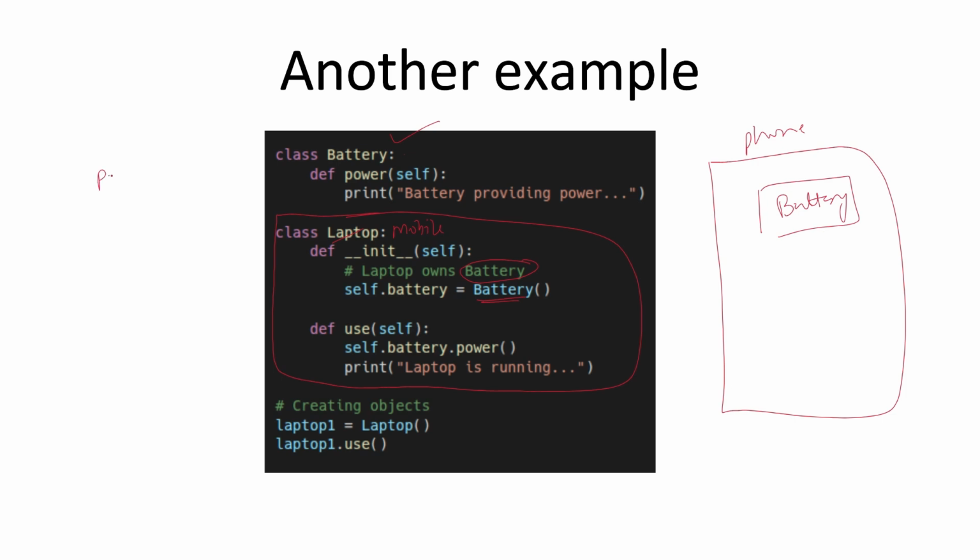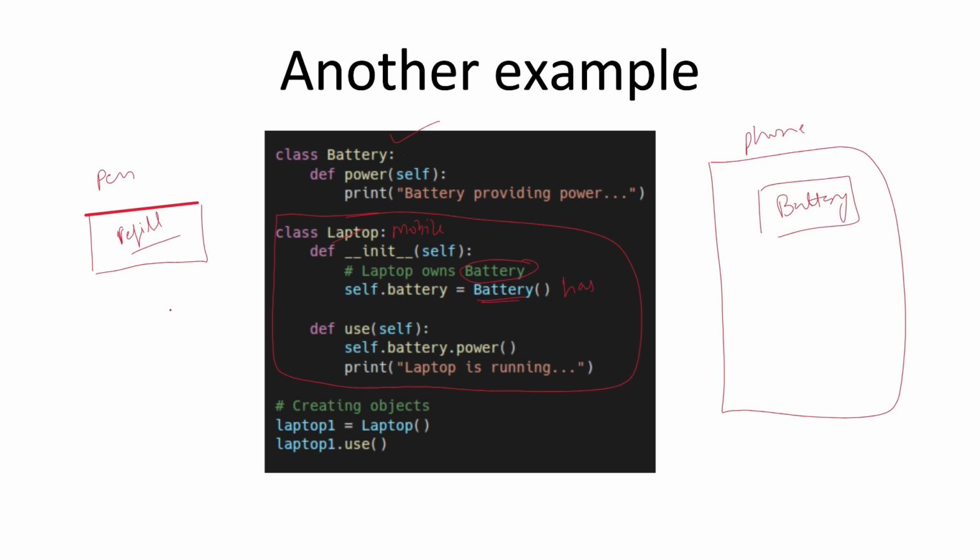Similarly, a pen has a refill, which contains ink. So this is called containership, one object contains another. A car has an engine, a car has steering. So understand this is a has-a relationship, this class is having a battery.